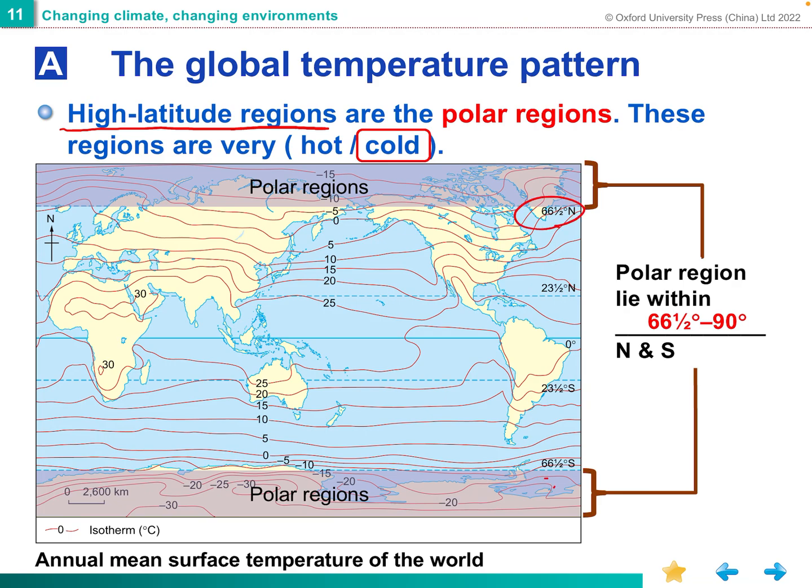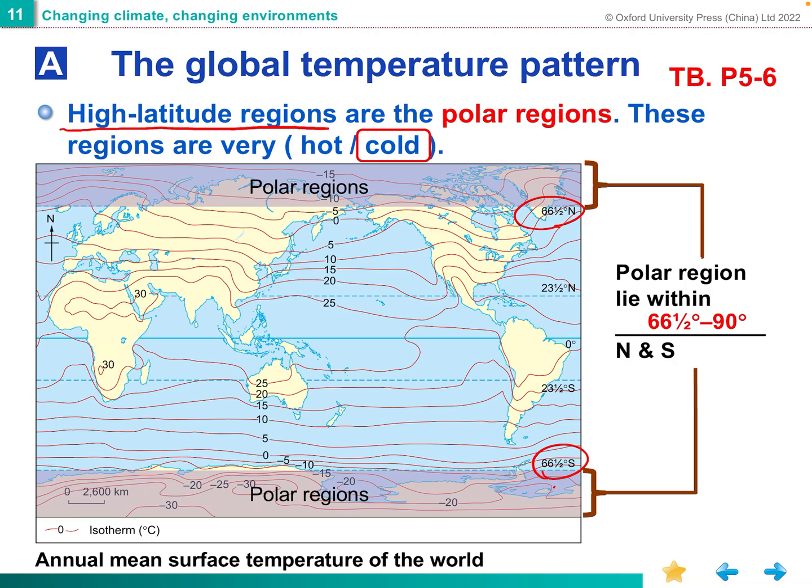As you can see, the number is the highest latitude number in the world, so we call them high latitude region, and they are called the polar region. Polar 極地. They are very cold. Please highlight in your textbook, page 5 and then 6, I remember.